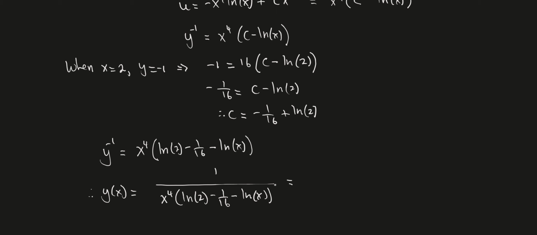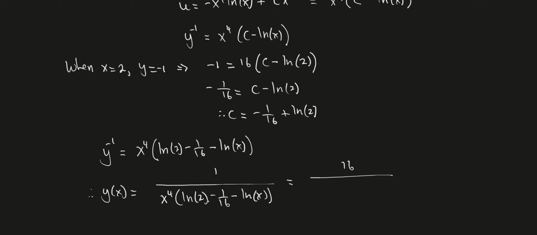So the first thing I'm going to do is to multiply the top and the bottom by 16. That will get rid of this 1 over 16. I'll do it in stages. So let's first multiply the top and the bottom by 16. So I'll have 16 there.